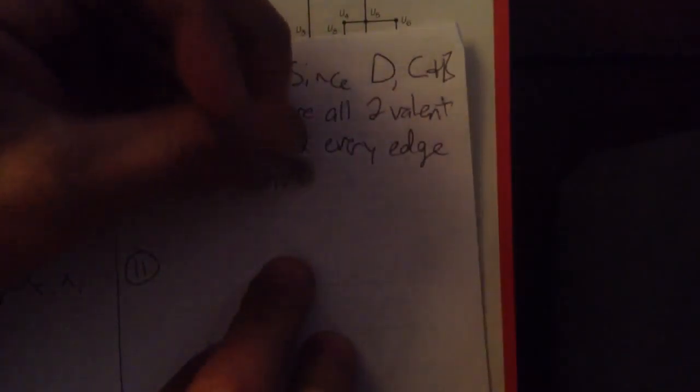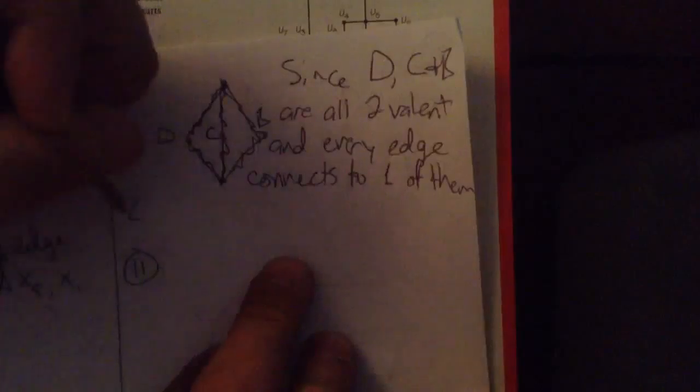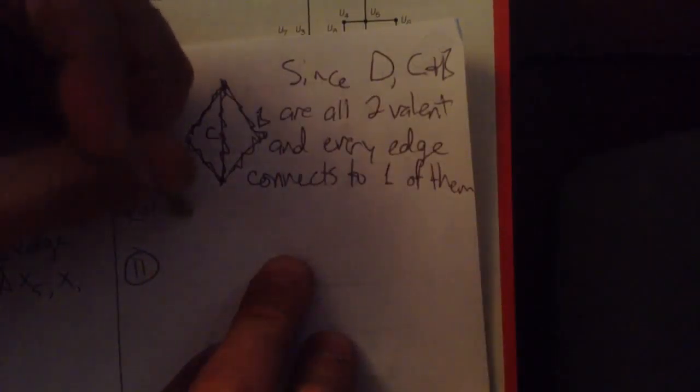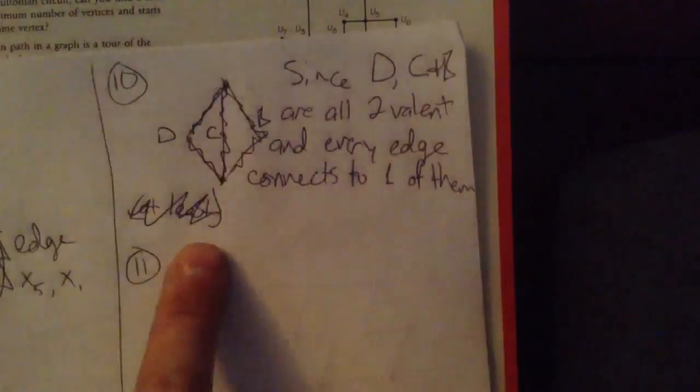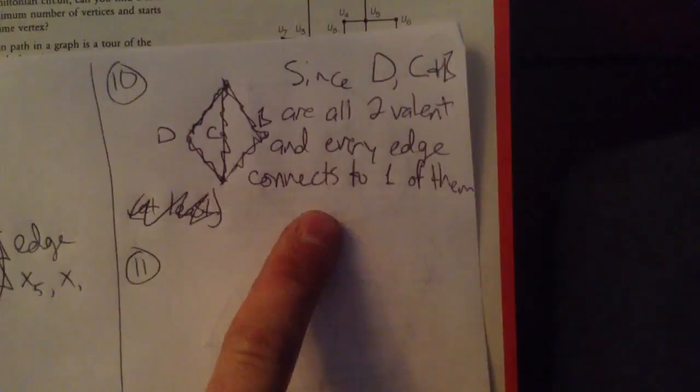and every edge connects to one of them, I can specify at least, because there are plenty of edges that, no, there aren't actually. There are no edges that connect to both of them. Every edge connects to exactly one of them.